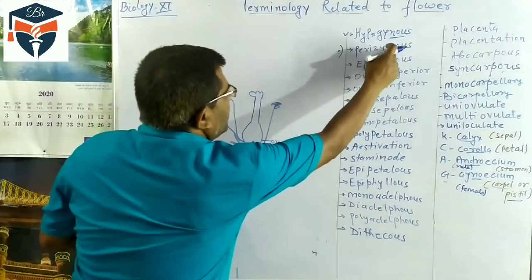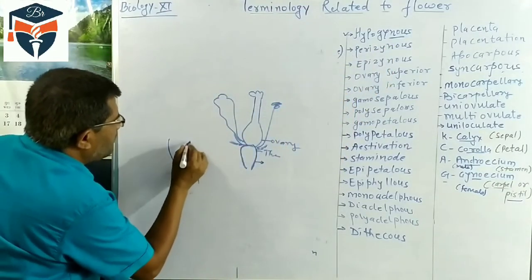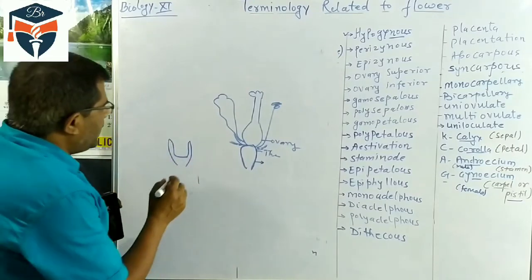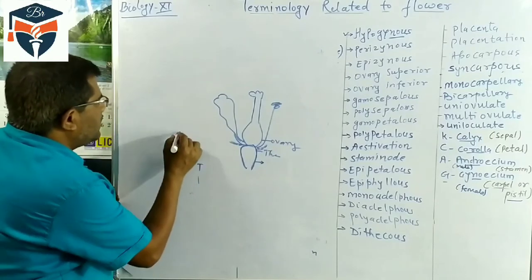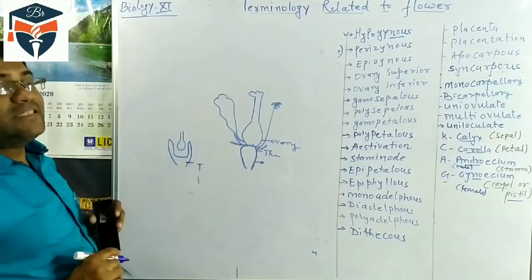Second, the perigynous flower. In such cases, the thalamus forms a half cup-like structure, and the ovary is half inside this thalamus.